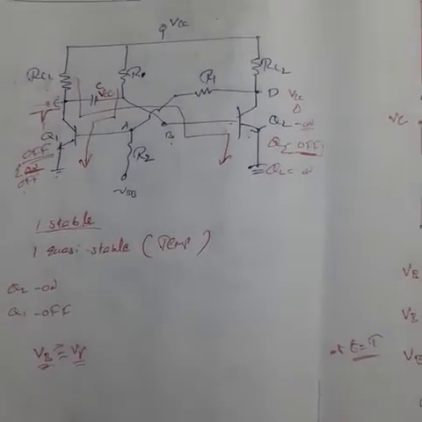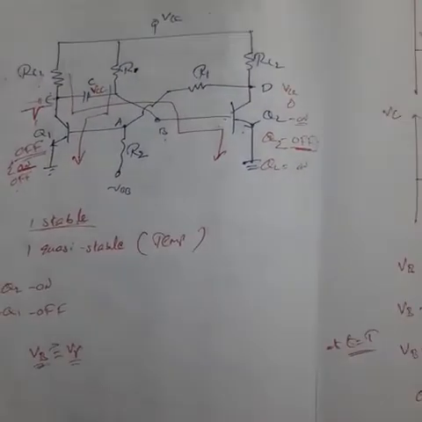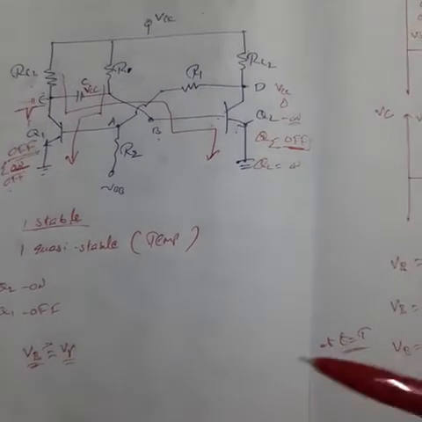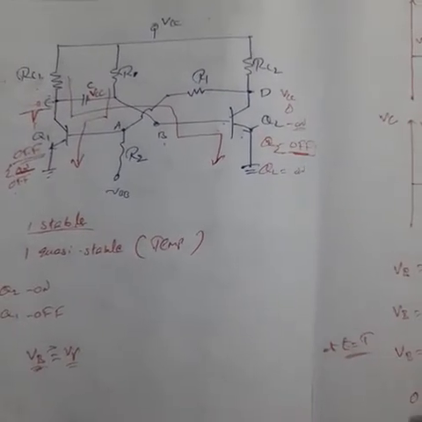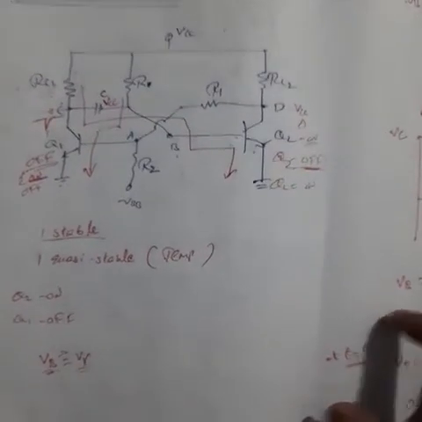After some time elapsed, because of the capacitor action, Q2 again enters the on state and Q1 enters the off state. That is the operation of the monostable multivibrator.